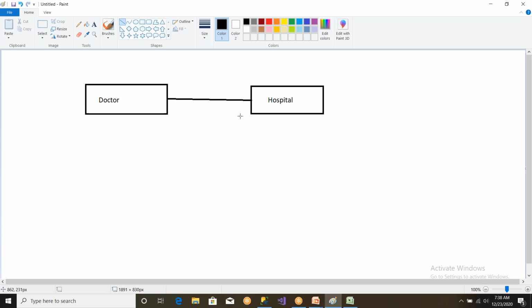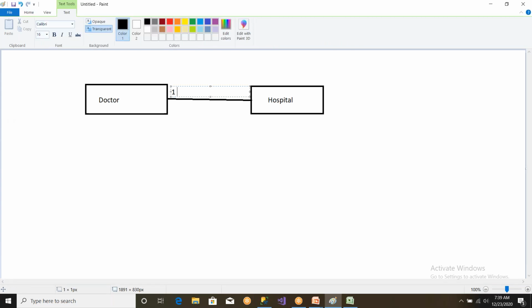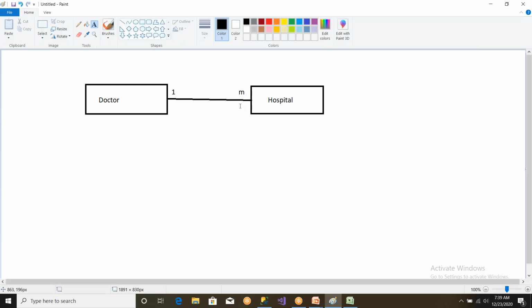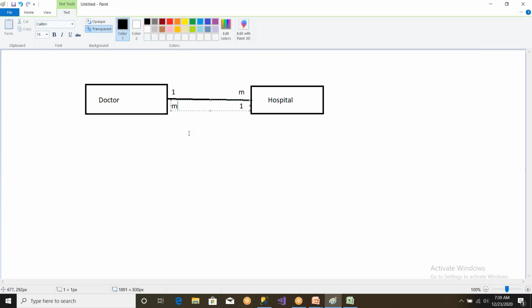So that means one faculty can work for many institutions. It is not a single company or single institution. A doctor is also like that. One doctor can work for many hospitals. He will have his own clinic, and one hospital also can have many doctors.